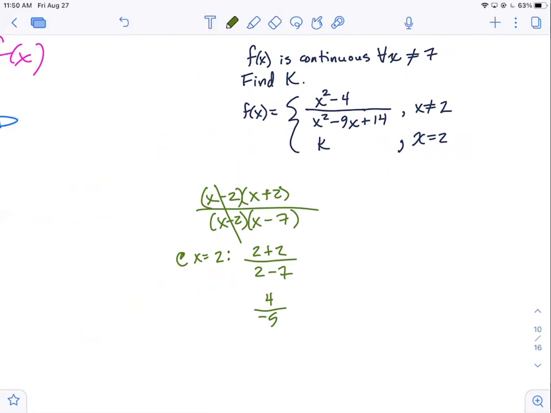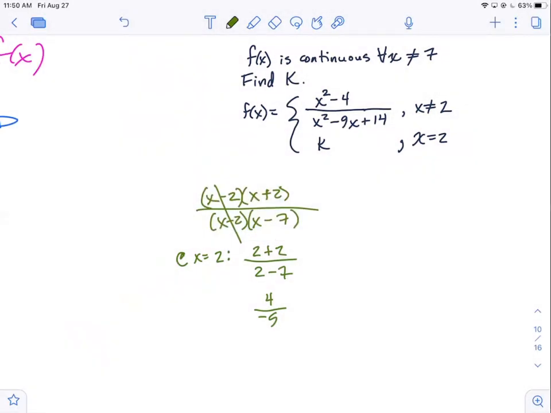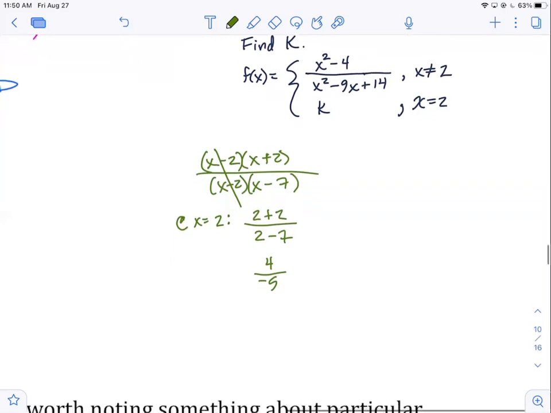And if the entire function has to be continuous at 2, then what do I want K to be to plug the hole? Negative 4/5, okay? So if this were a free response, we would write a concluding statement, so K equals negative 4/5. Again, it's either 4 over negative 5, negative 4 over 5, or pull the negative out front. And that plugs the hole, and it makes it continuous at that point.